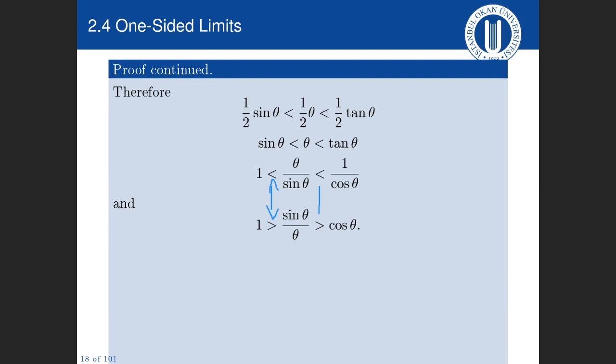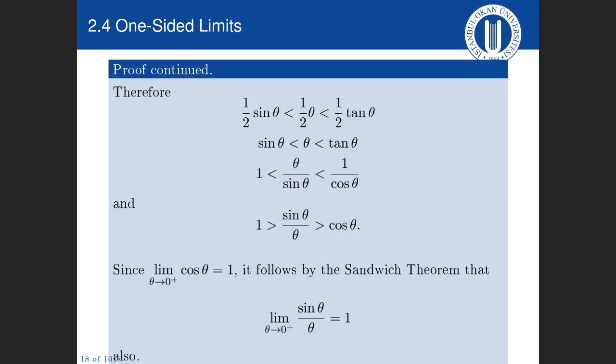Less than needs to become greater than. So that gives me 1 is greater than sine theta over theta is greater than cos theta. Because the limit as theta tends to 0 from the right of cos theta is equal to 1, it follows from the sandwich theorem that the limit of the thing in the middle is also equal to 1.